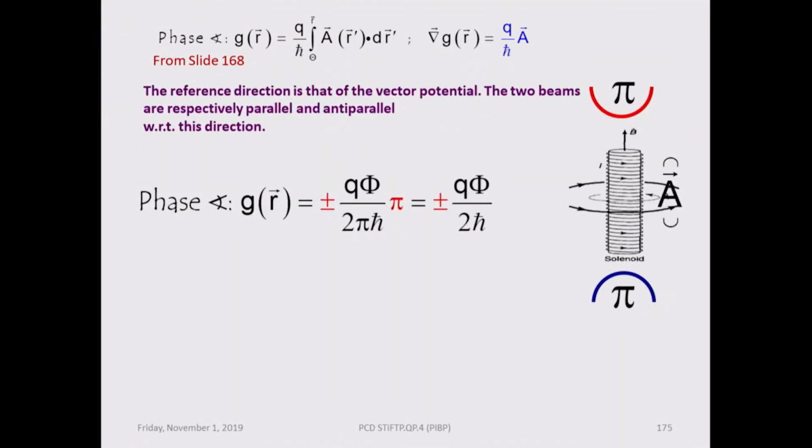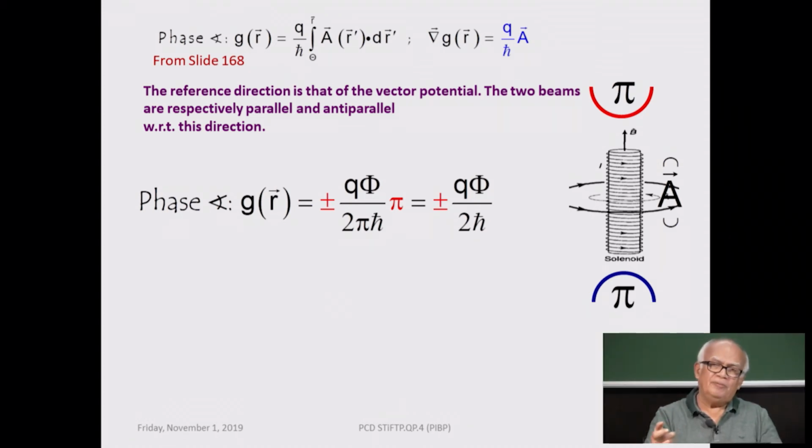So, that is the phase difference, and that is the one which is going to impact the interference pattern on the detector, because these phases add up in the Feynman path integrals.